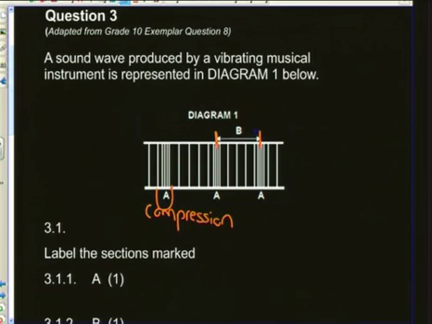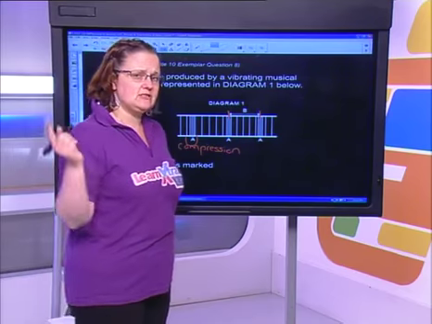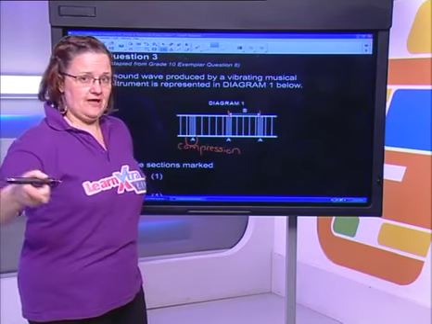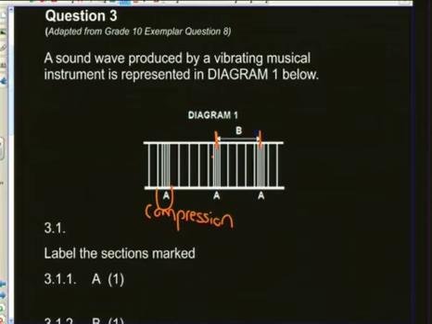We've already said that wavelength is the distance between 2 consecutive points in phase. This point on the wave and that point on the wave are in phase. They are one after the other. So B is actually the wavelength of my wave. And this middle part here, which they haven't labeled, but we're going to put it in there anyway, is a rarefaction. That's where it pulls apart.